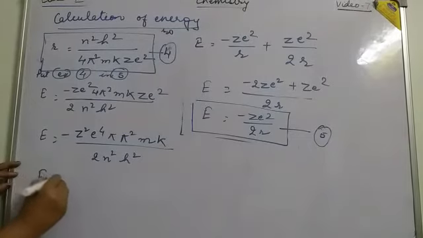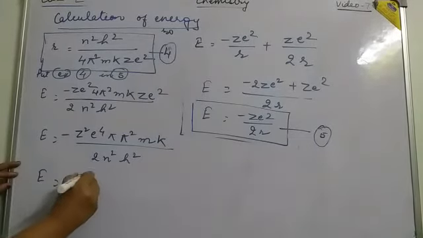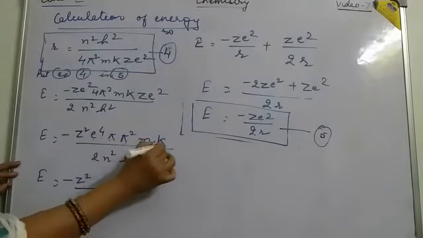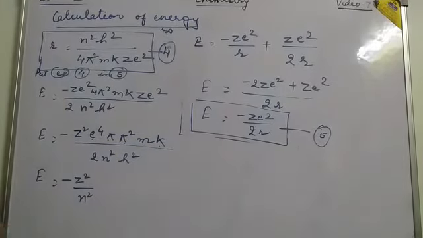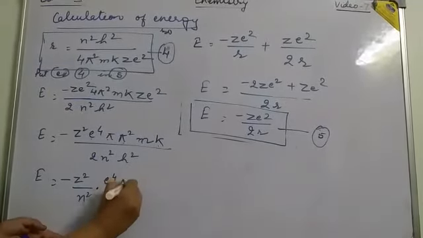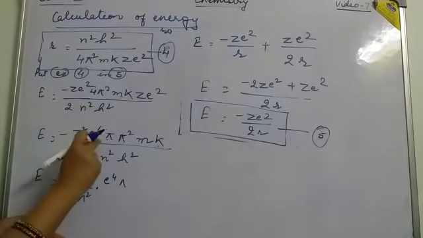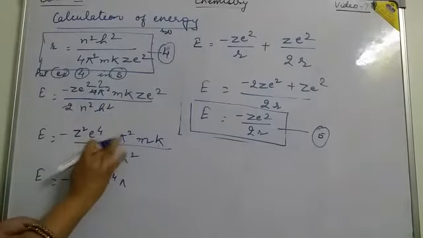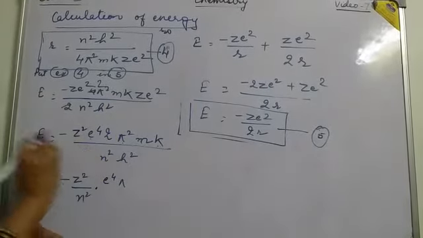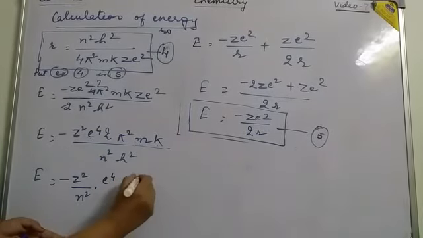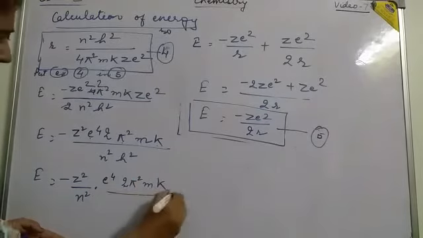So E equal to minus Z square by n square into these terms, and these all are constants along with 2. The 2 cancels, leaving 2 pi square m k e 4 by h square.